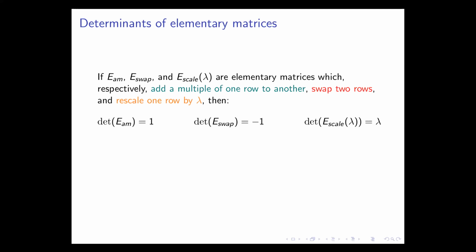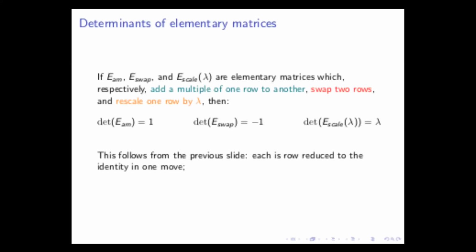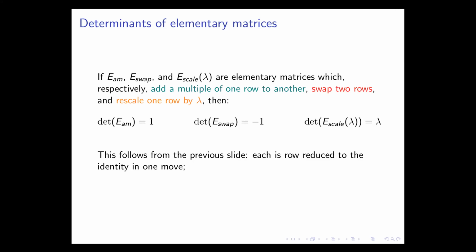Remember, E is the matrix which is the identity matrix, right? So E itself here has 1, 1, 1, 1, 1 on the diagonal, and the rest is 0.